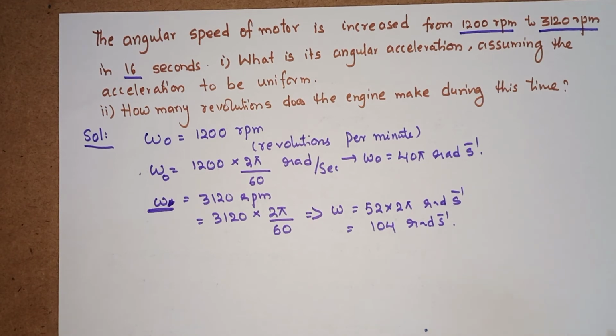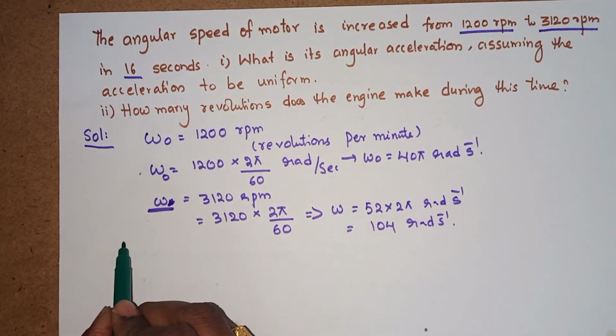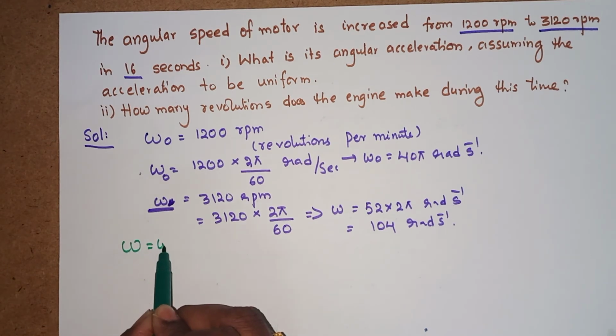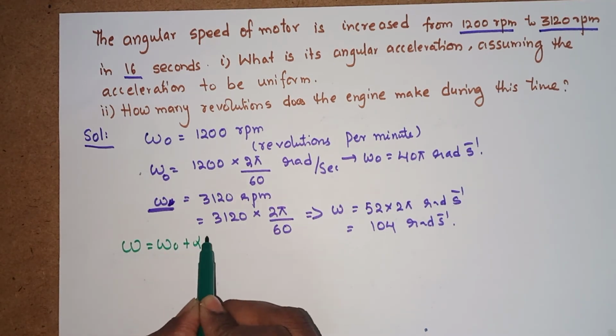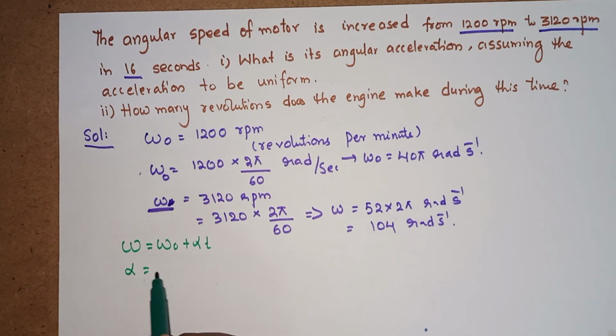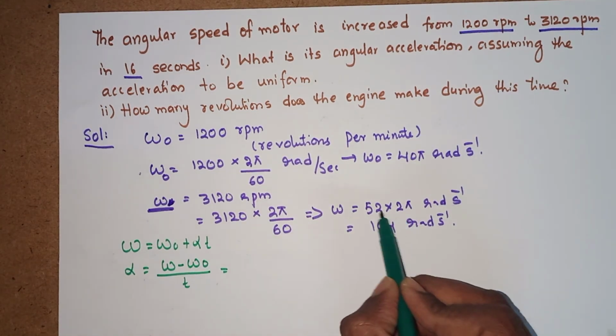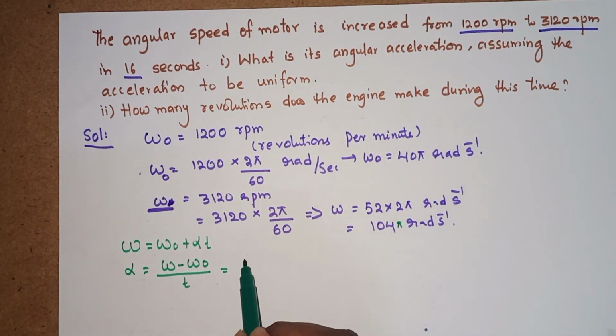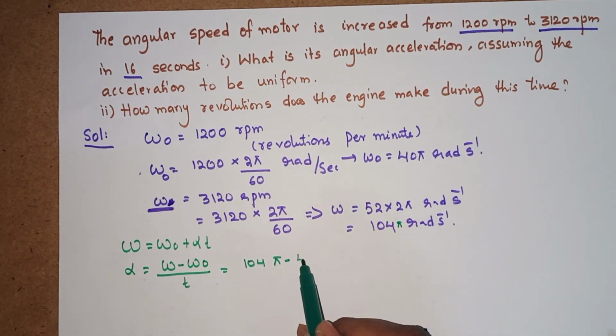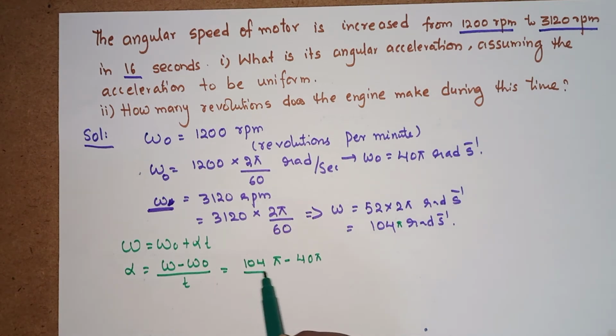Now first, the question asks what is alpha. Omega is equal to omega naught plus alpha t. From this, alpha is equal to omega minus omega naught divided by t. Here it is 104 pi minus 40 pi divided by 16.